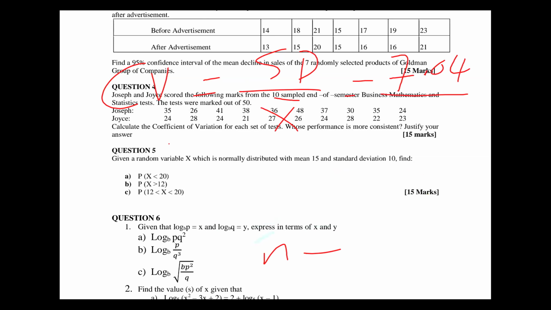You're welcome. And then from there, you shall have the standard deviation over the mean, 35, times 100. What do you find? 7.04 over 35 times 100. What's the coefficient of variation for Joseph?